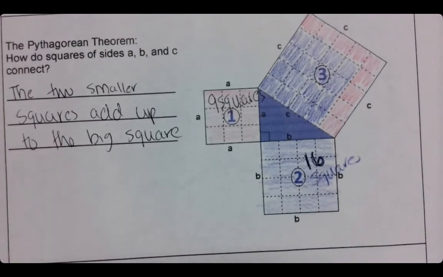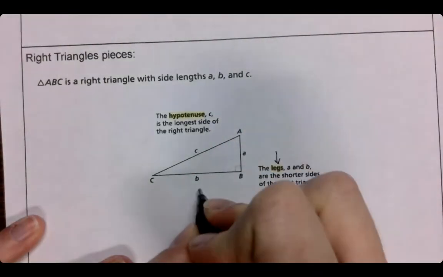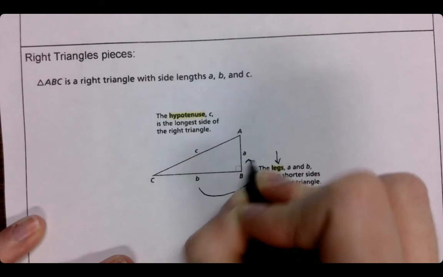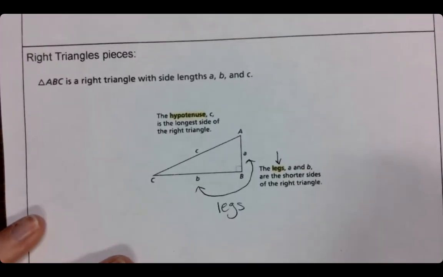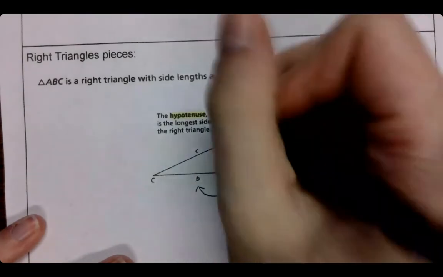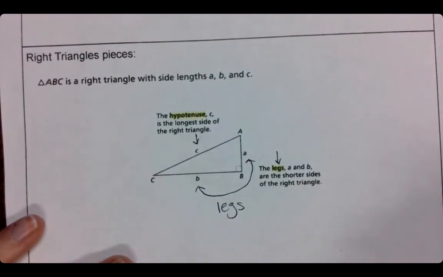But that is what the Pythagorean theorem is saying. The two sides, which if you look down here are called the legs. The longest side is called the hypotenuse.